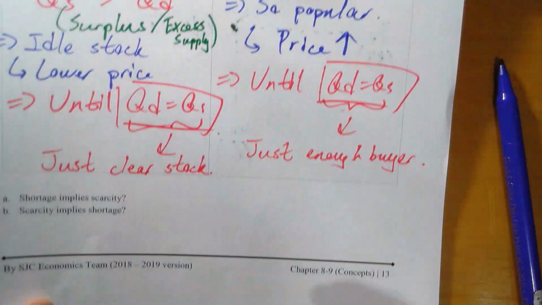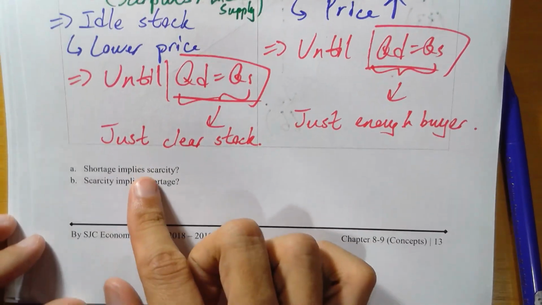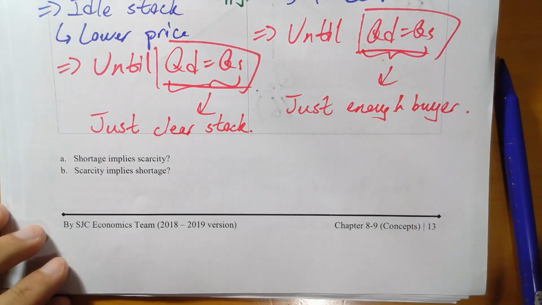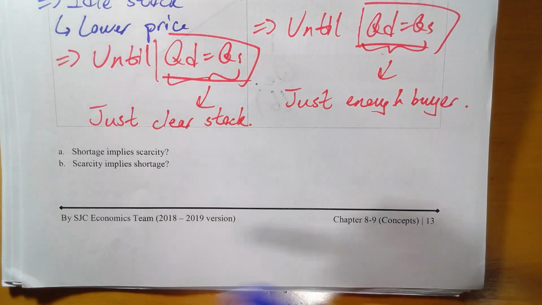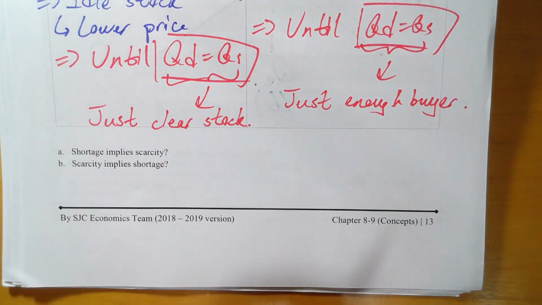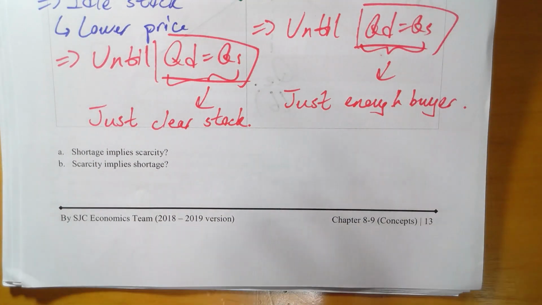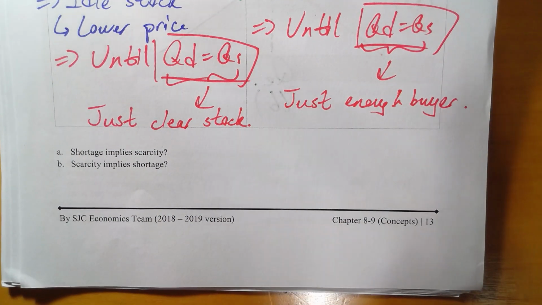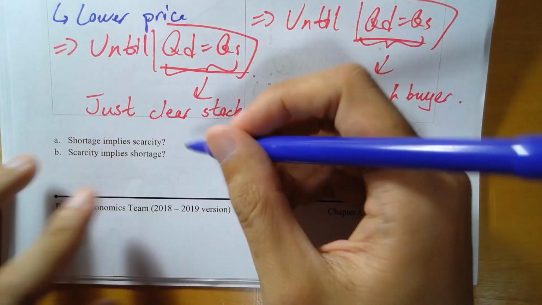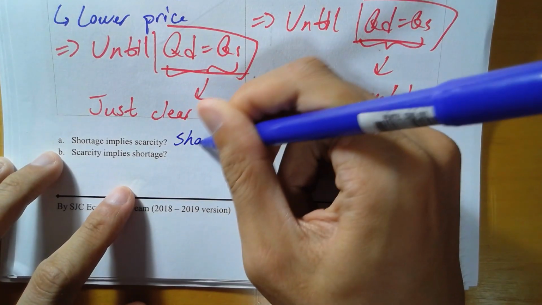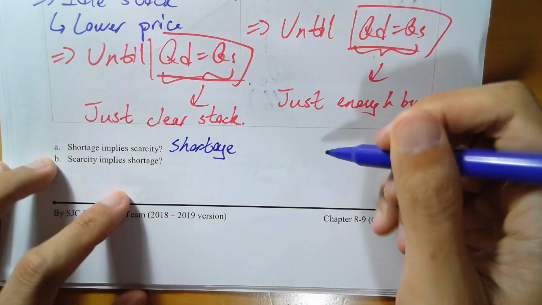好啦 Now, before we can move on, we need to look at two very thorny issues 幾棘手嘅問題啦。Alright, now, first, someone says shortage necessarily implies scarcity. Okay, now let's see whether it's correct. 好啦 When would you have shortage?